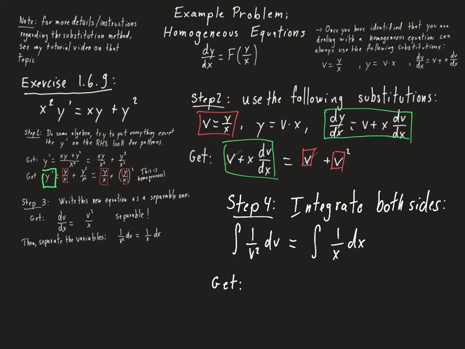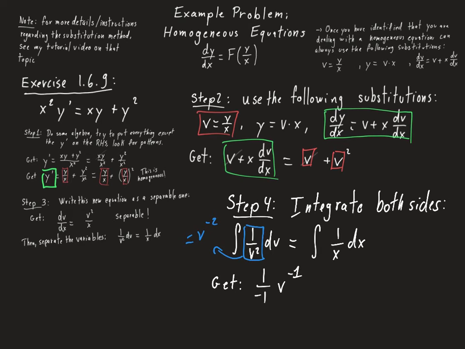If you write this guy as being equal to v to the negative second power, the power rule states that the integral of v to a power, in this case negative 2, is going to be 1 over the new power, in other words 1 over negative 1, times v to the new power, which is 1 higher than the previous one.